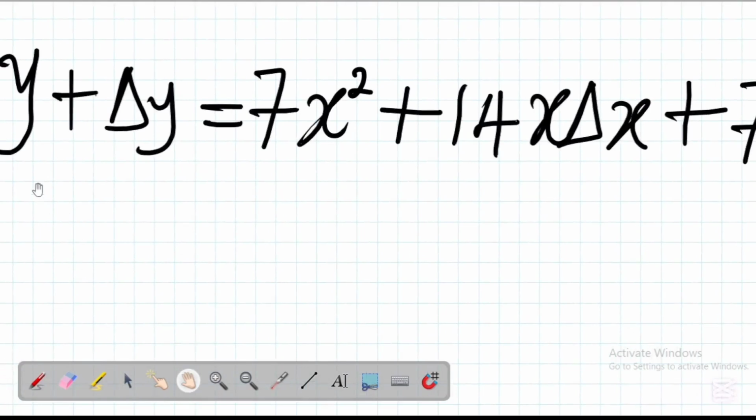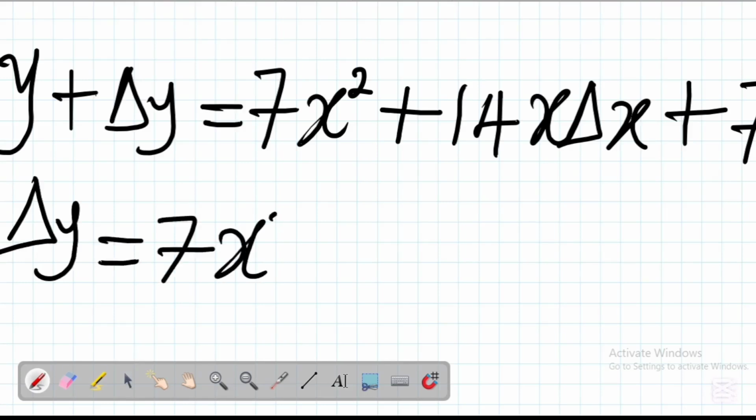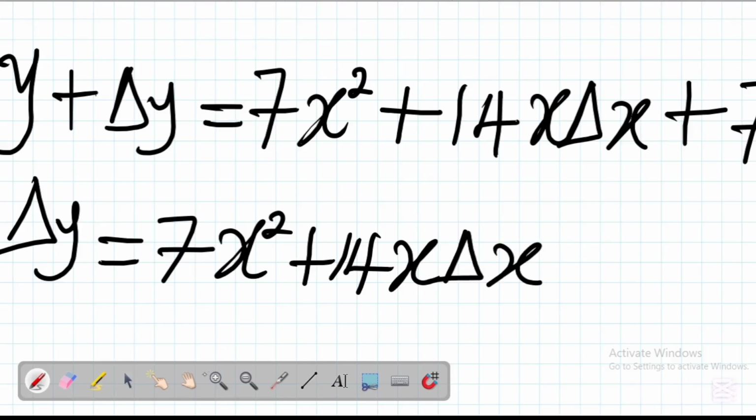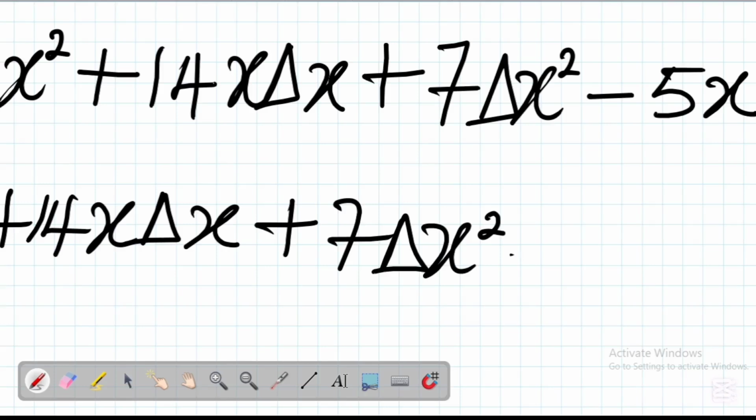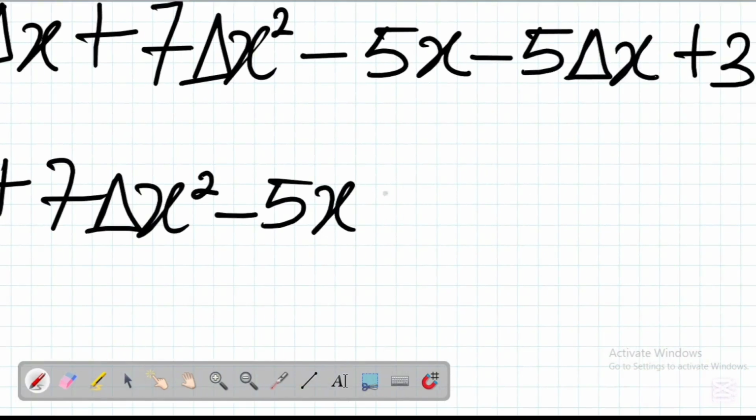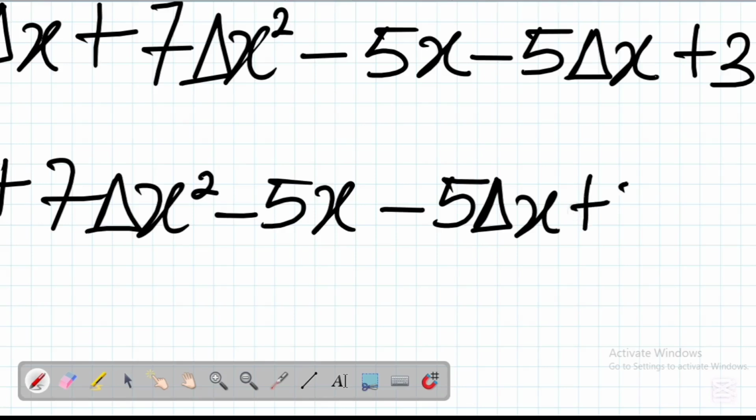So our next task is to move y to the right hand side. So if we move y to the right hand side, we would have change in y equals 7x squared plus 14x change in x plus 7 change in x squared minus 5x minus 5 change in x plus 3 minus y.